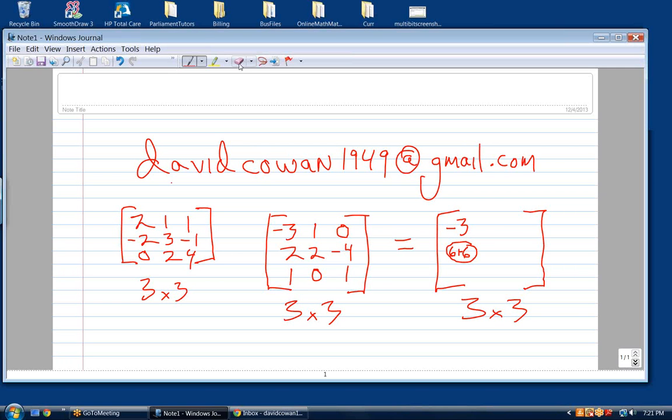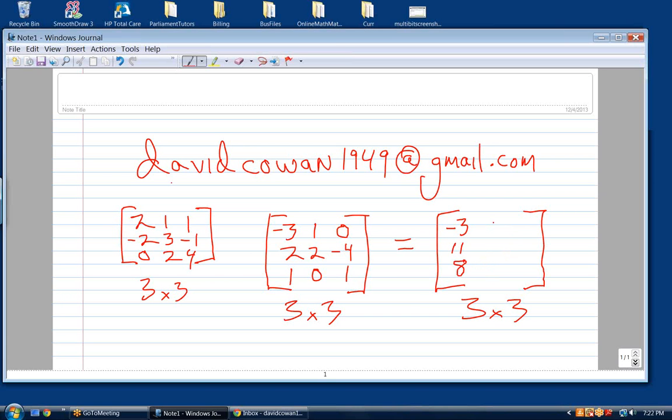So that is 11. And then the next one would be 0 times -3 plus 2 times 2 plus 4 times 1. That's 8. Okay, and we got 9 squares to fill in here.